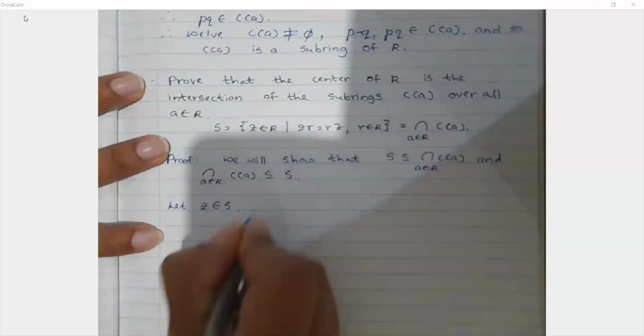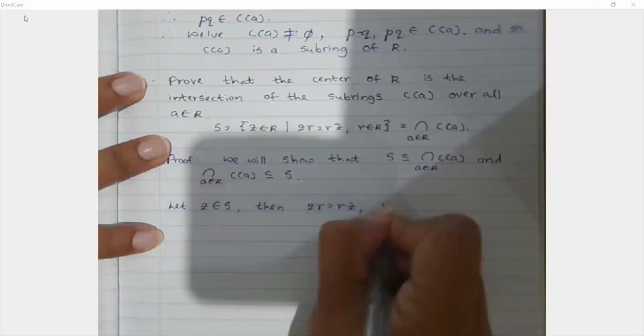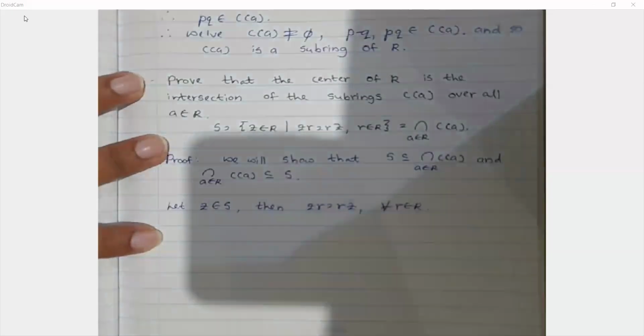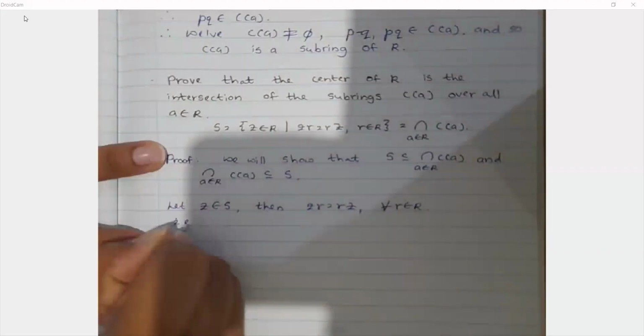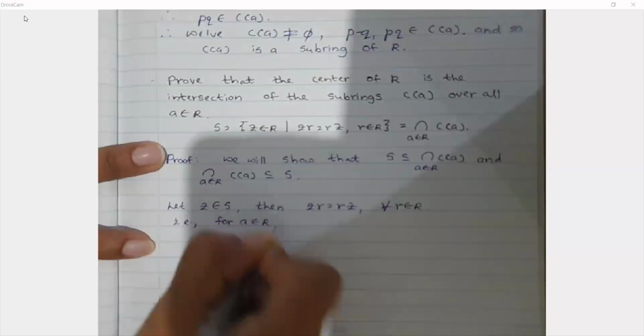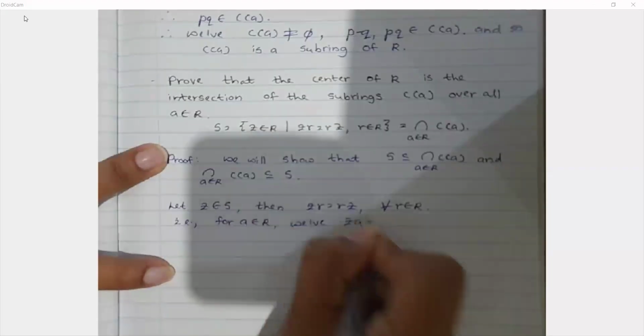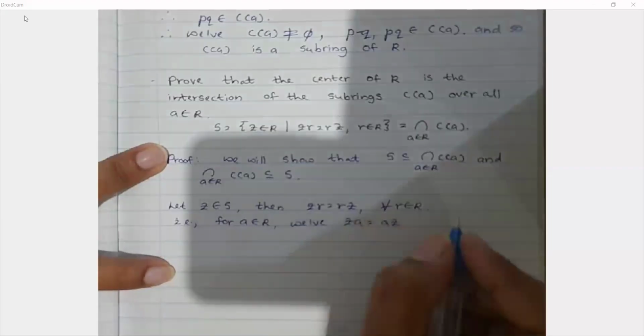Then by definition, we know that ZR is equal to RZ for all R in R. Right? For all R in R. That is, if we simply replace this R by A, just to see that it surely belongs in the intersection, for any A that you take from R, we have ZA equal to AZ, right?